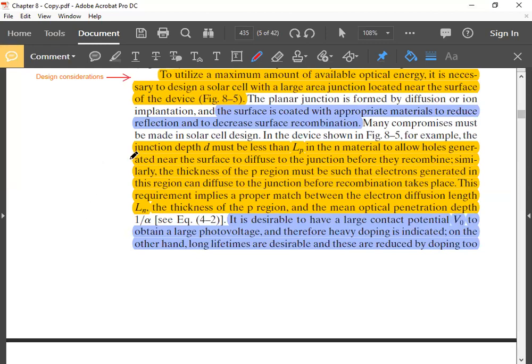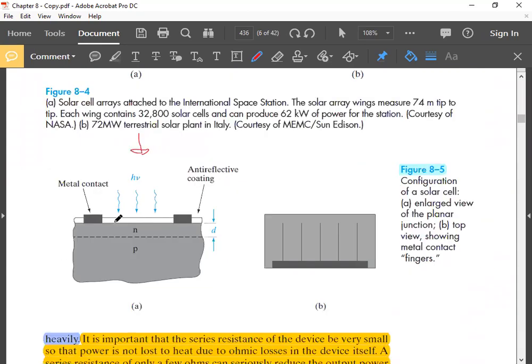Then the third design consideration: junction depth D must be less than LP in the N material to allow holes generated near the surface to diffuse to the junction before they recombine. Remember, light comes and generates carriers in or near the depletion layer. Holes from the N type material can diffuse to the depletion layer and go to the P side.